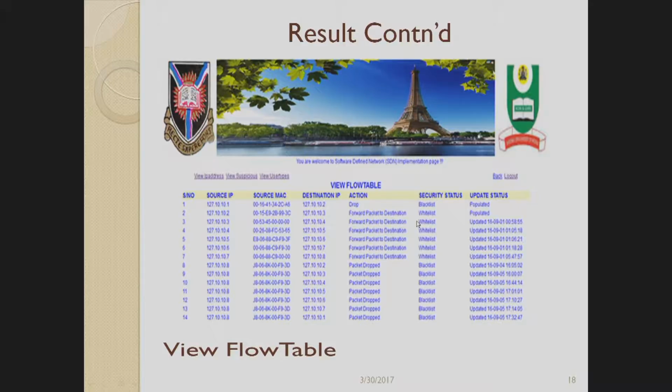If it is a new one, we're able to update the status. If it is already in your flow table, it shows populated. And for each one, you're able to know whether you want to drop the packet going through the network or forward it to the next destination.